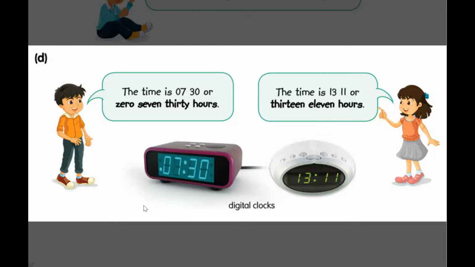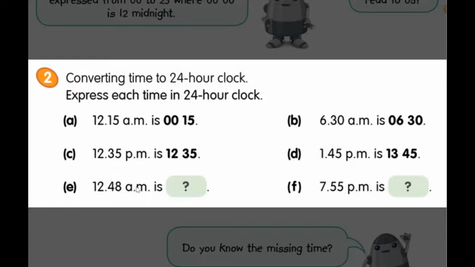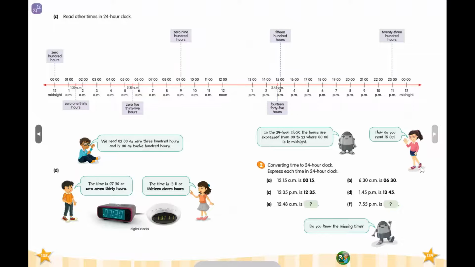Okay, before we try it, let's do E first. You have the example, 12:15 a.m. How do you read this? 0015 hours. Okay, what about this one?